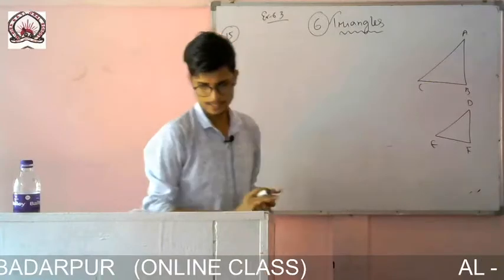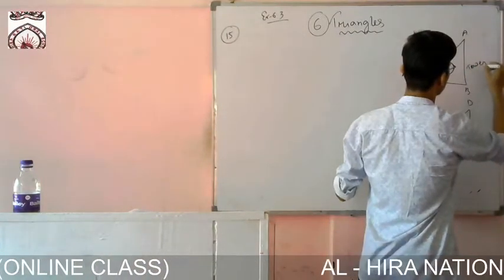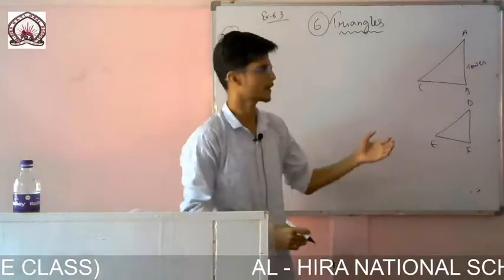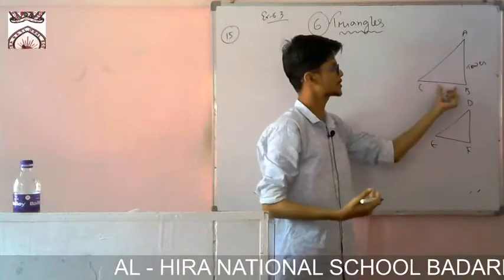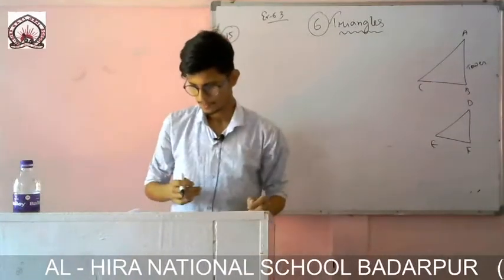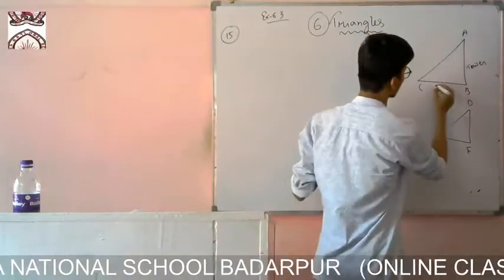So first of all I will take AB as the tower. If this is the tower, then this length will be the shadow. If I stand a tower like this, somewhere the shadow will fall. So that is the shadow BC. What is given? Tower casts a shadow of 28 meter long.